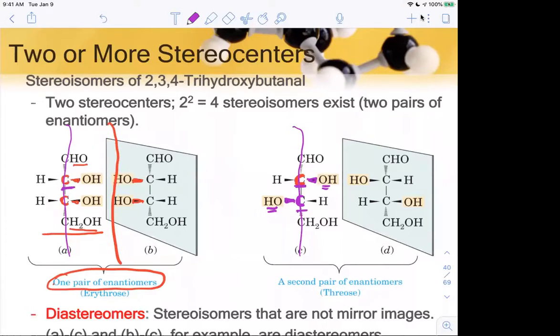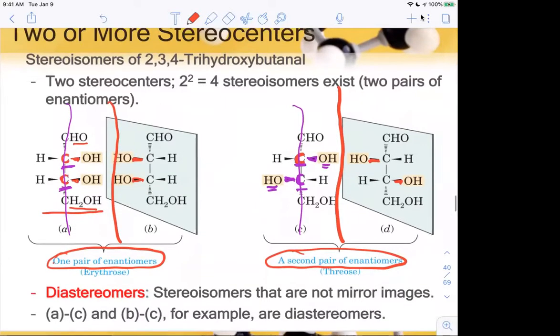This stereocenter is going to be different. And then to compound that, I can actually draw the mirror image of this, where now I have bolded right and bolded left in terms of my hydroxyls. This is my second pair of enantiomers.